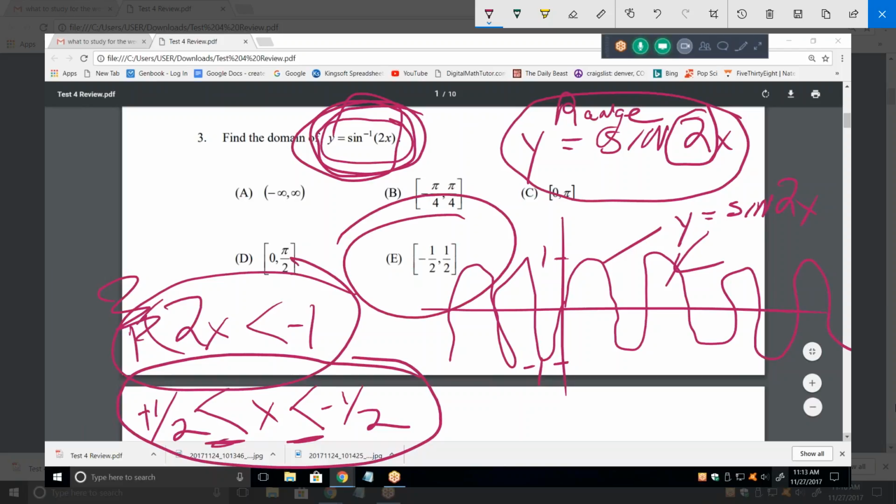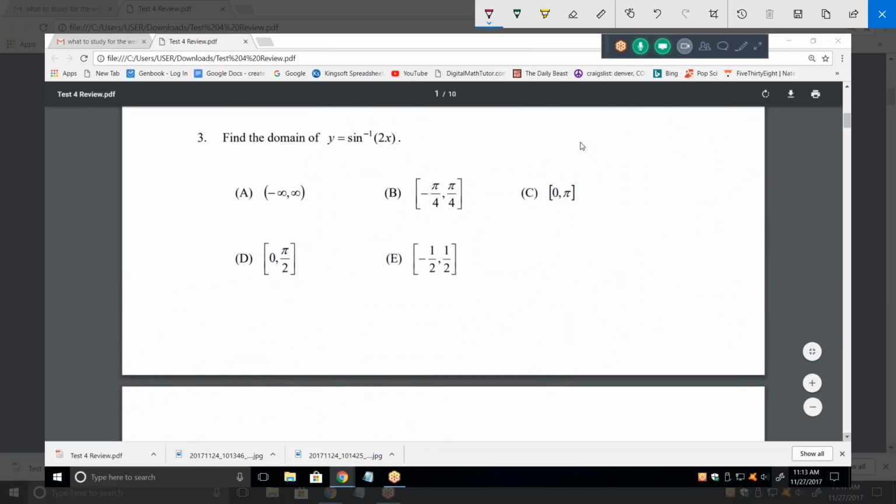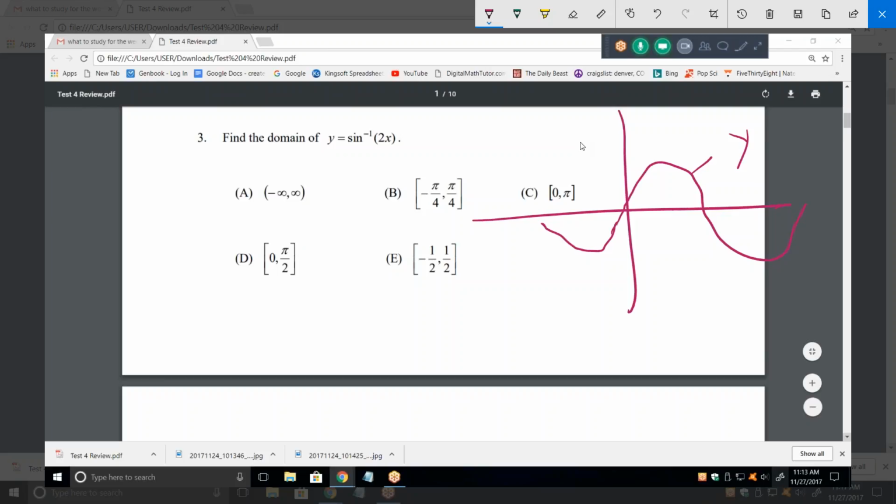Now, let's go a little bit further here and talk a little bit more about this, because this is an important concept. If I have y equals sine of x, and I wish to talk about its inverse, I can't just reflect that over the line y equals x.